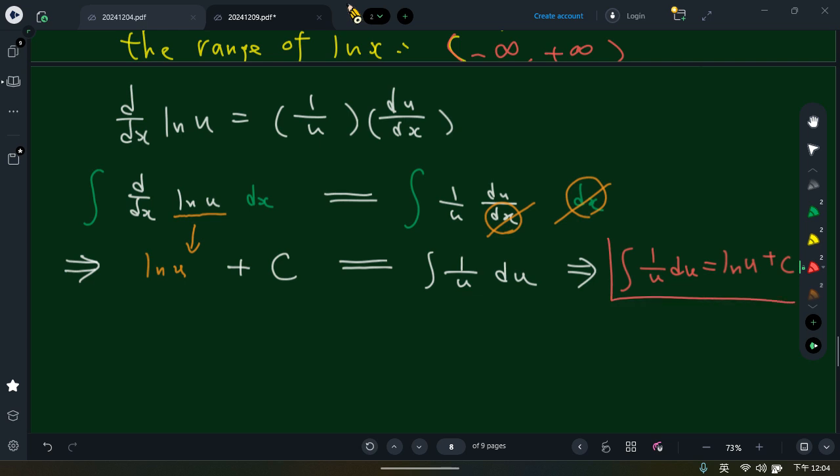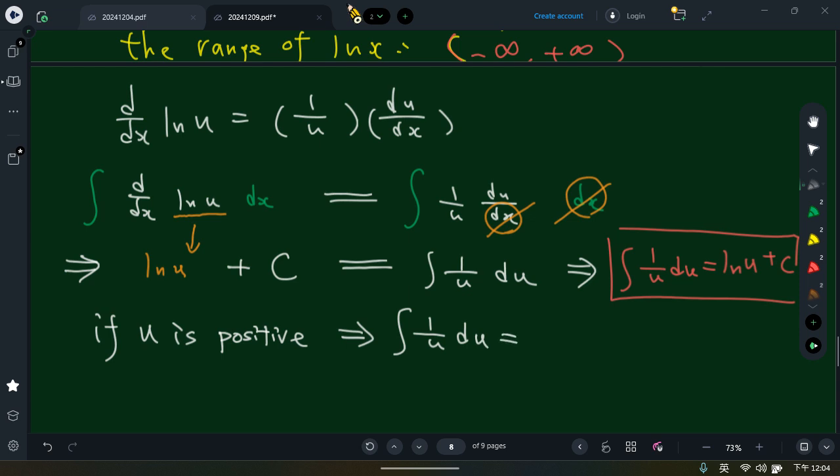So this is also very important. So if u is positive, we just simply get integral 1 over u du is equal to ln u plus c.